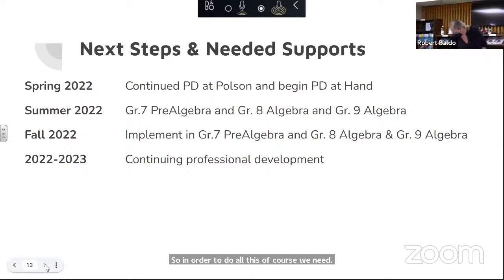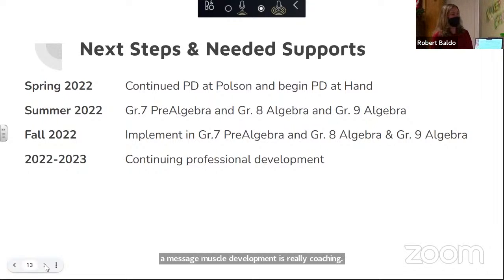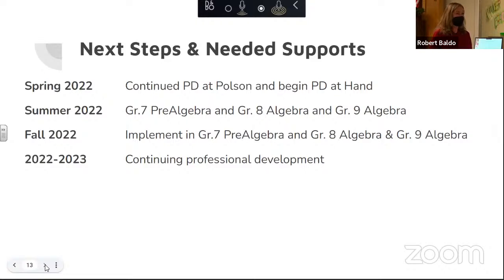And related to that professional development piece is really the coaching. Bridges was so successful at the elementary level because, as we implemented it, we had multiple coaches at that level. Our coaching stops right now at grade 6.